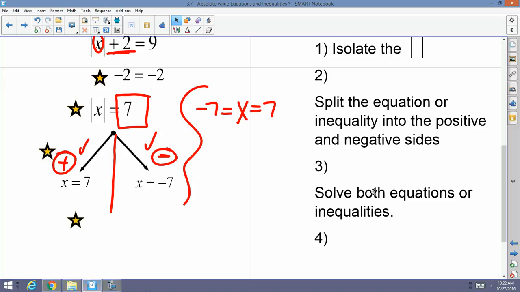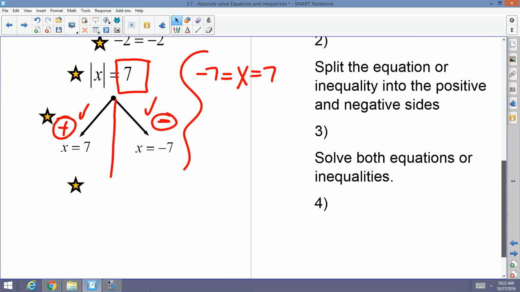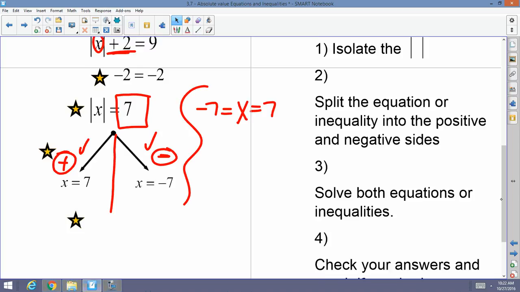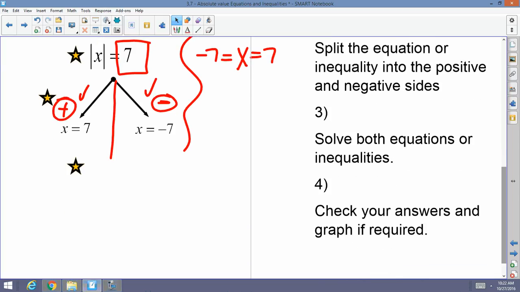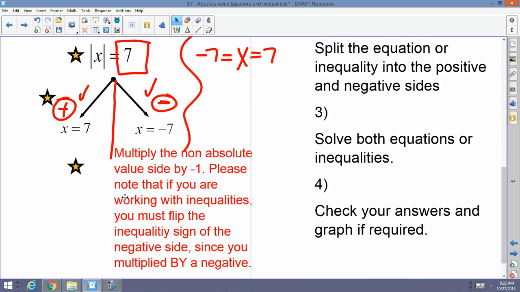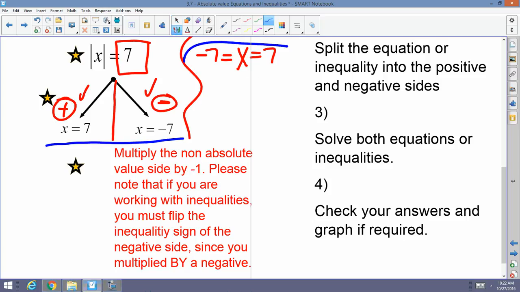Then step 3, we're going to solve both equations, which in this case is already solved. And then in step 4, we check our solutions or our answers and graph if required. Now, please remember that when you're splitting up into the negative side, whether you're splitting it up the way I normally do it, or the other way, whatever side you make negative, if it's an inequality, you have to flip the inequality sign, because you're multiplying by a negative.